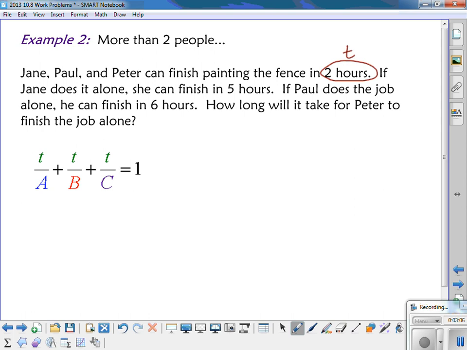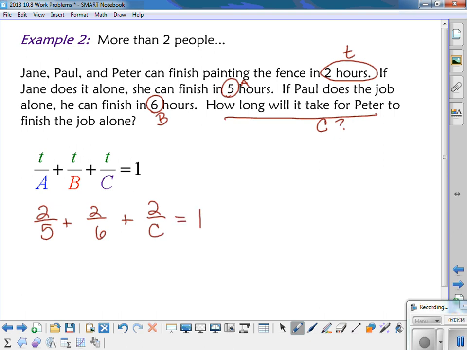And then Jane can do it in 5 hours, so we'll let her be A. And Paul can do it in 6 hours, we'll let him be B. And then how long for Peter, we don't know. C is a question mark. So their time together is 2 over 5 plus 2 over 6 plus 2 over C, or X, or whatever letter you want to use, equals 1.